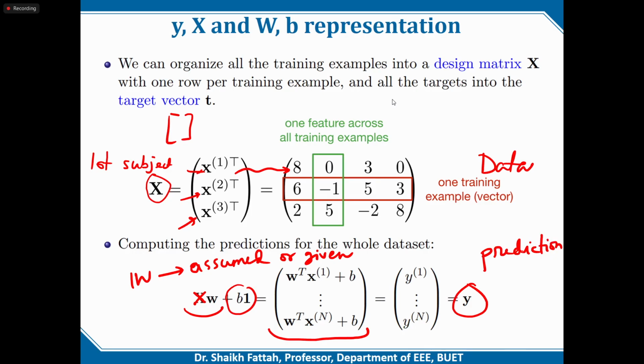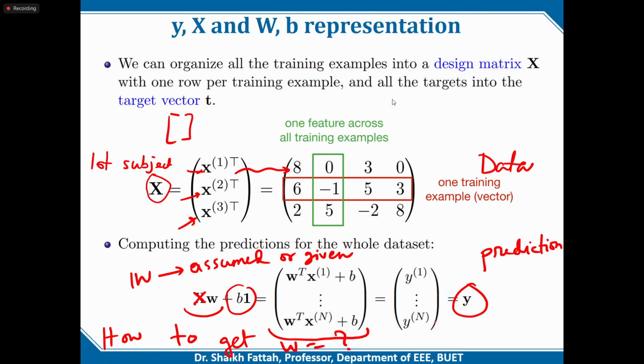But remember, in this problem, we assumed W. We are telling that somebody has given us the W. Obviously, there will be a question: how to get the W directly? How to get the weights? We discussed it in our previous class.